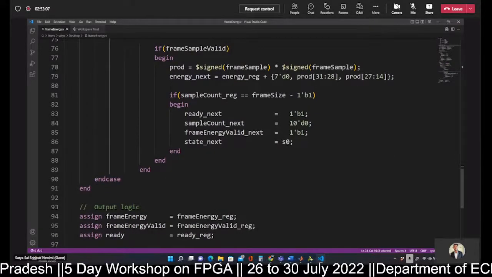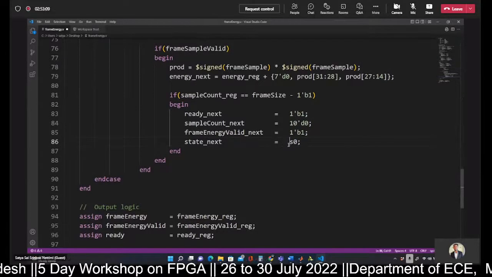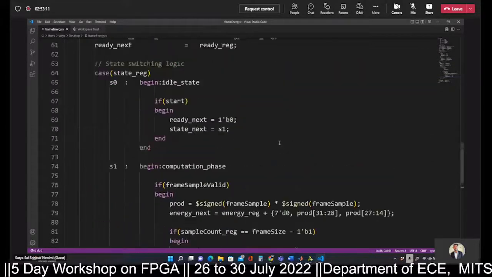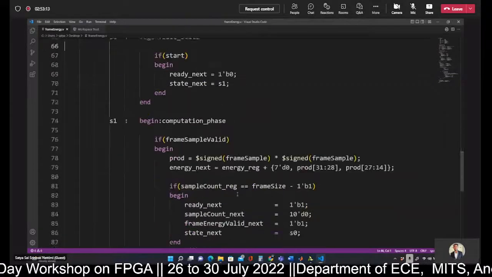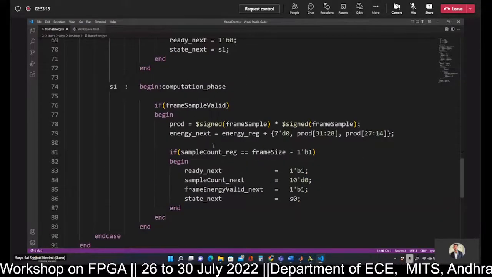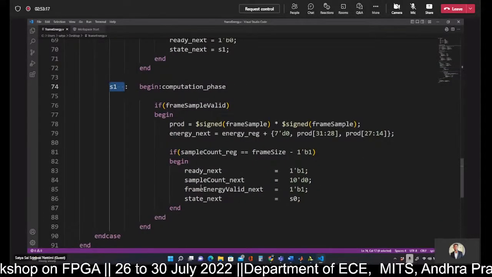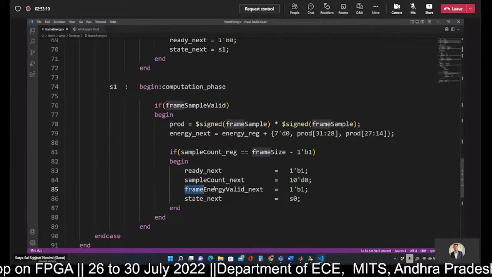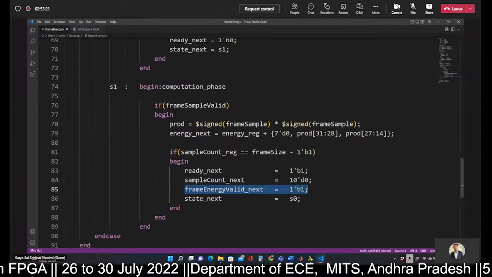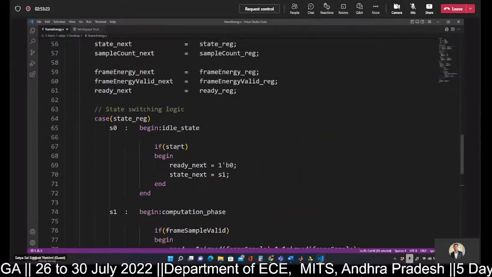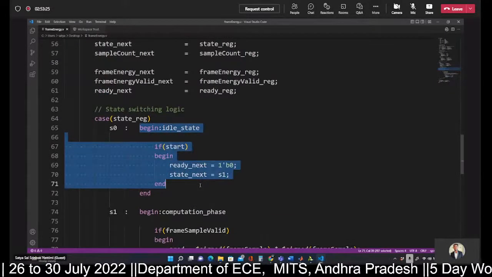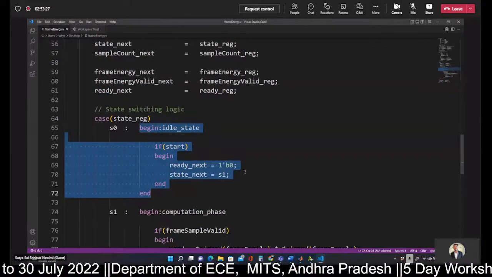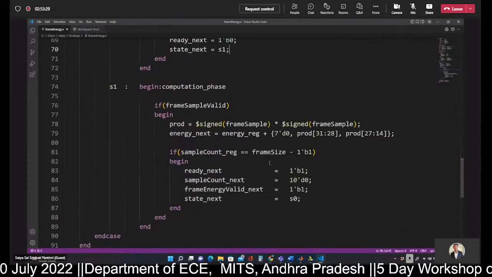So whenever this FSM is switching to the S0 state from the S1 state, you see in the S1 state we are making frame energy valid to be logic high. So when it switches to the S1 state, the logic high will be retained continuously for all the time.